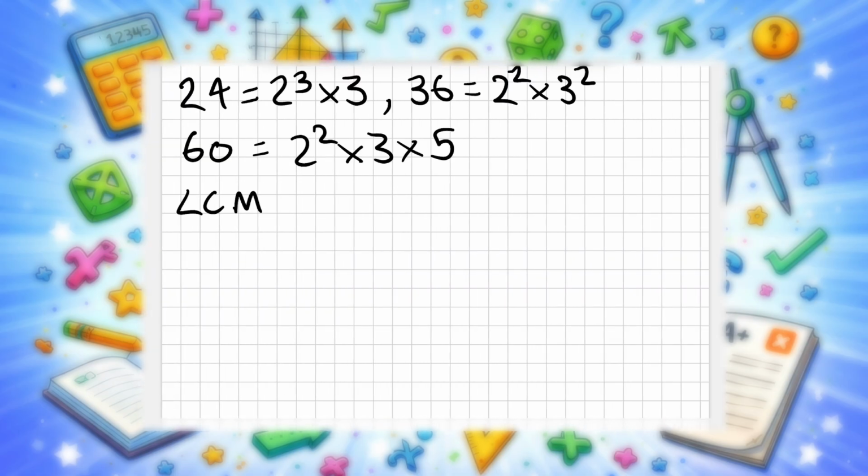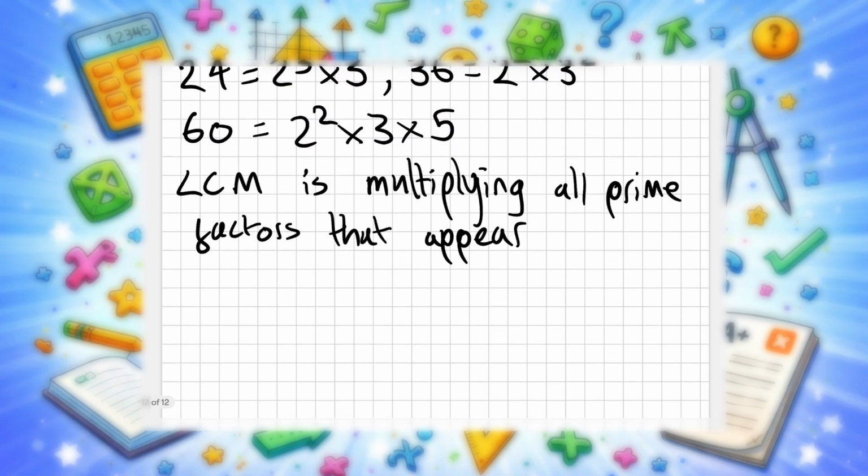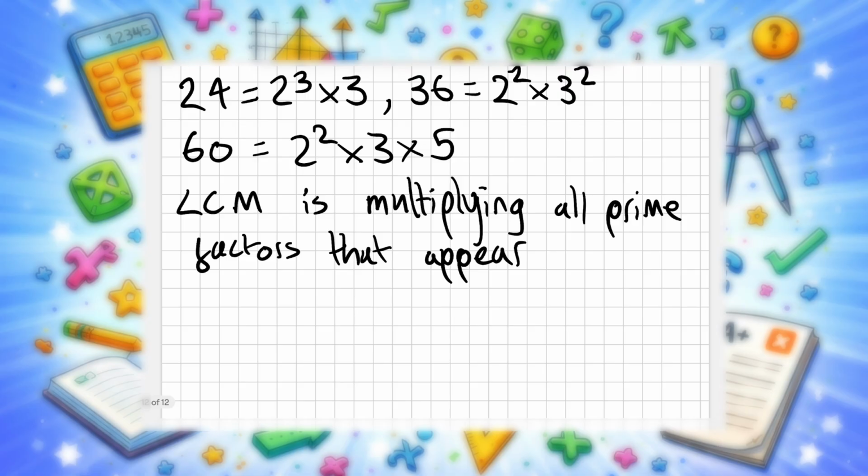Next, the trick for the lowest common multiple is taking all the prime factors that appear. So this will be taking the highest power of each factor from each of the numbers. So first we look at the factors of 2. The highest is 2 to the power of 3, which is in 24. Then 3 has the highest power at 2 for 36.